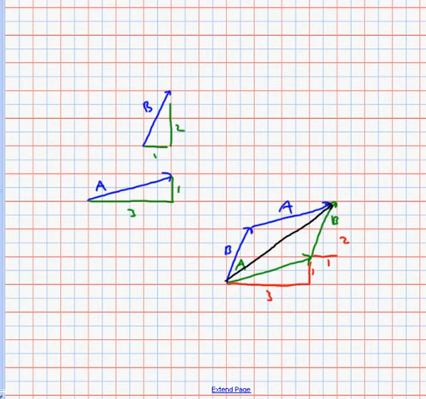Well, if you look at it carefully, what you can see is that to go from the tail of A to the head of A, we had to go over this 3 plus that 1, right?